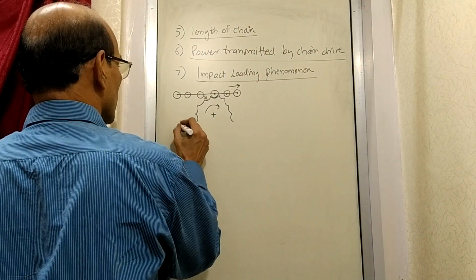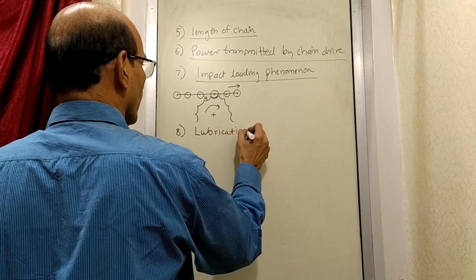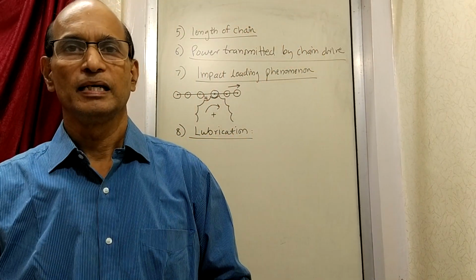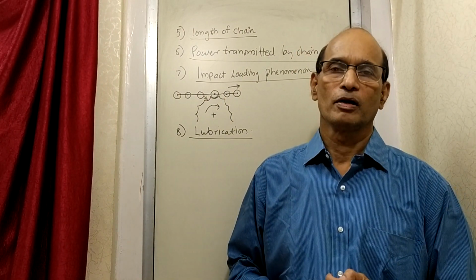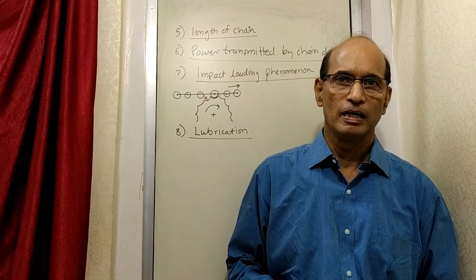Next point is lubrication. Write down: lubrication is required for chain drive, unlike belt drive.